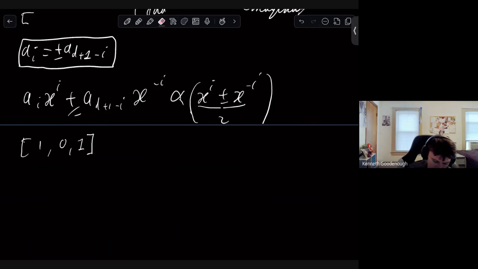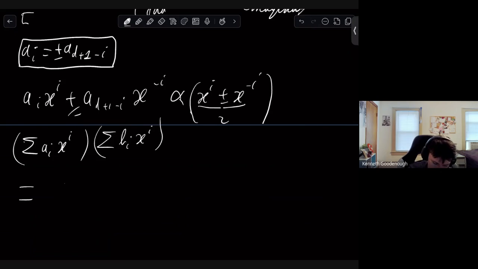Actually, let's be very explicit. Let's write down the general case. If I have two polynomials of this form and I multiply them together, then we get another polynomial with coefficient c sub i, where c sub i is given by the sum.